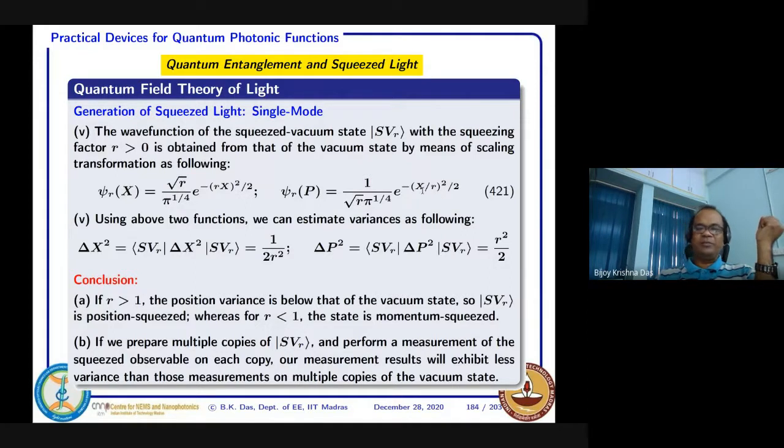This would be P. This is a typo. This would be P by R. So the meaning is that this is a Gaussian distribution. Whatever R value you multiply, momentum and position are complementary; they follow the uncertainty principle. So if I multiply by R here, I have to factor P here. P is relaxed like this.